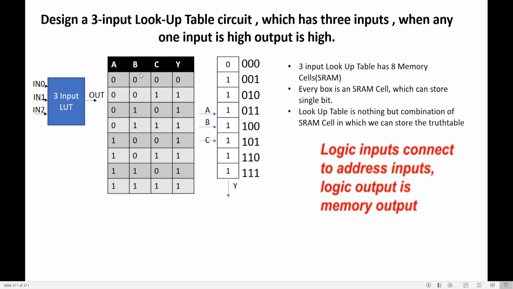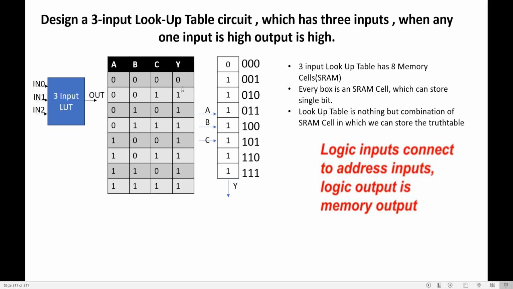If the number of inputs in the truth table is 3, then 2 to the power of 3, which is equal to 8, I need 8 memory elements. These boxes are nothing but static RAM memory cells, SRAM cells. Since 3 inputs, 8 SRAM cells, I need to stack one over the other.